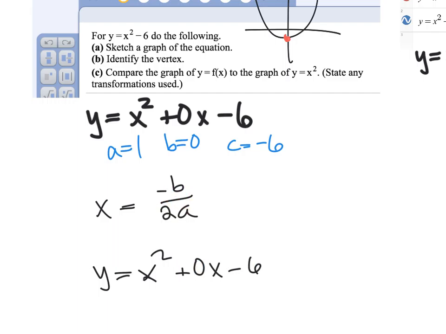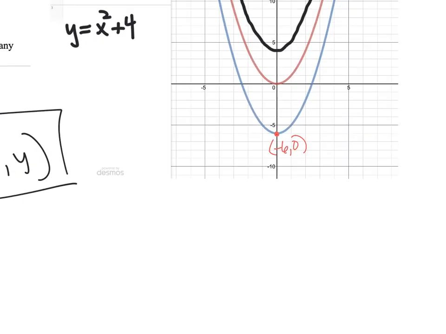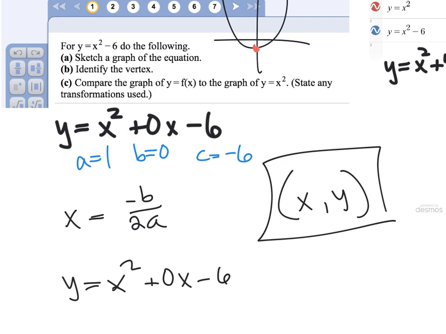The x work would give us the x value, the y work would give us the y value, and there is our vertex. But we can see our vertex right now. The vertex is very obvious. It's negative 6, 0.